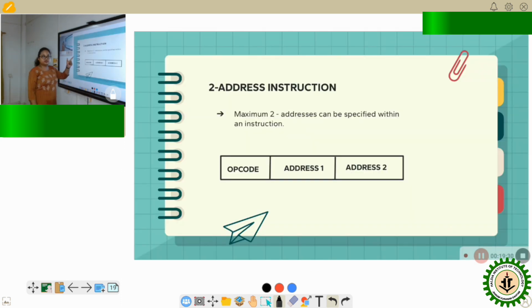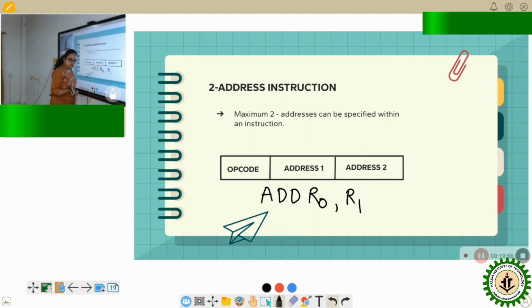In the next, the 2 address instruction, maximum 2 addresses can be specified within an instruction. First is the opcode, then address 1, address 2. It can support 1 address instruction and 0 address instruction. Suppose I am doing addition of R0 and R1, so there are only 2 registers.